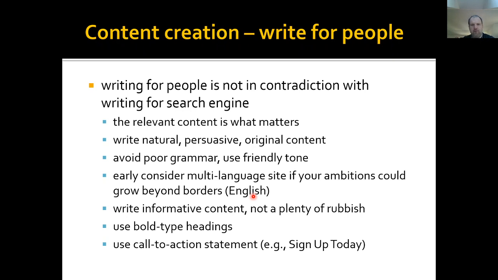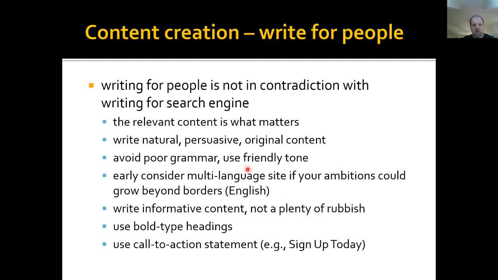Writing for people is basically following the basic thesis of SEO. So basically that is what I said. What is good for a human is also recognized by the search engine. So let's avoid poor grammar, for example. Let's write natural, persuasive, original content. Use a style of writing that is interesting, that is not machine-appearing, some generative text or something.